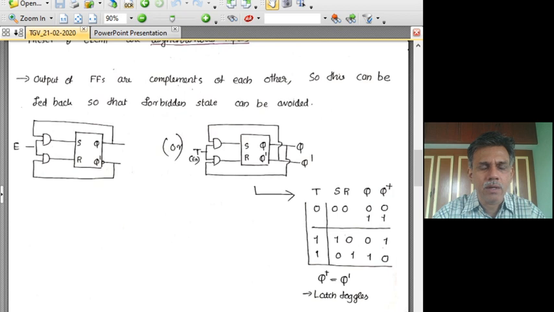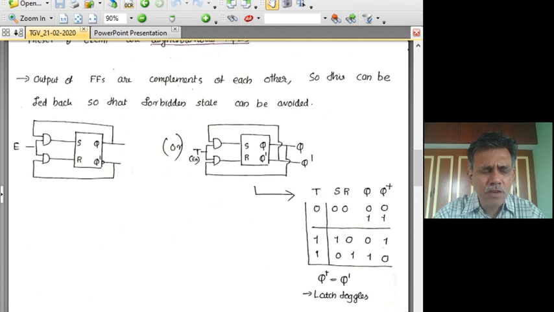So how do we get two inputs which are complemented in nature, which can be fed to S and R? In the case of the D latch, we took one input and complemented it. The uncomplemented input was given to S and the complemented one was given to R. So using an external signal, we generated these two complemented and uncomplemented signals.